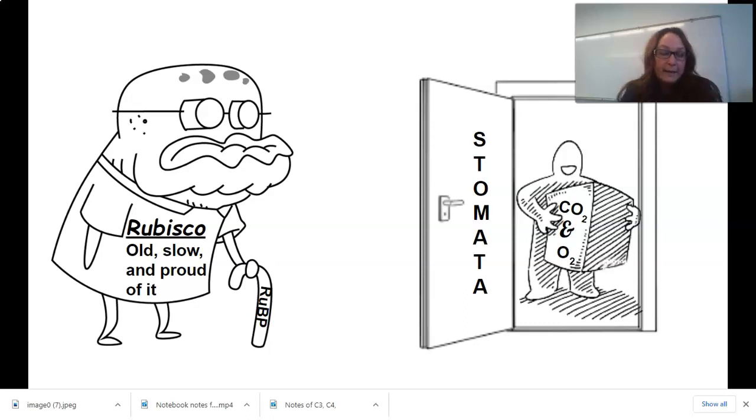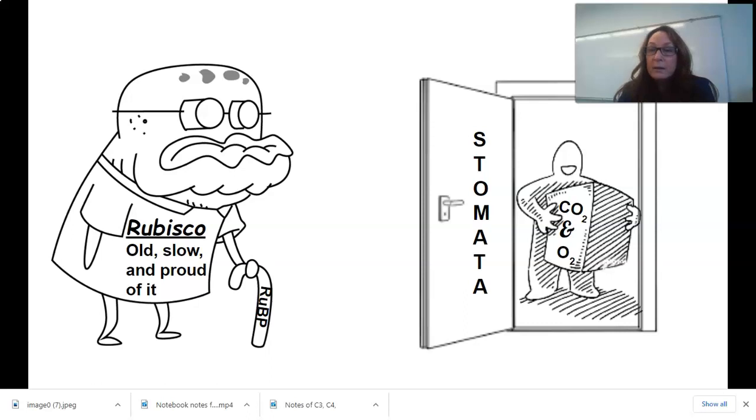And we said that Rubisco, I mean, we always were making fun of him like he's old and he's slow and he's confused. I don't know whether I'm binding oxygen or whether I'm binding carbon dioxide. Well, it depends. If you have a lot of carbon dioxide, then he'll bind carbon dioxide to RuBP and go, Rubisco, you did a good job. But if the oxygen concentration is high, then he'll change and he'll bind oxygen, which is not going to be productive. So let's think about our dilemma.